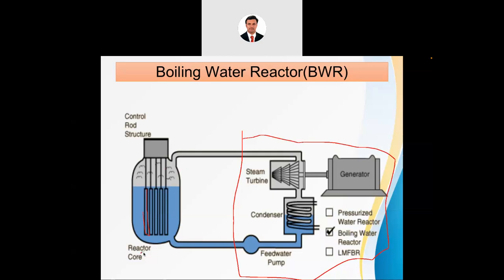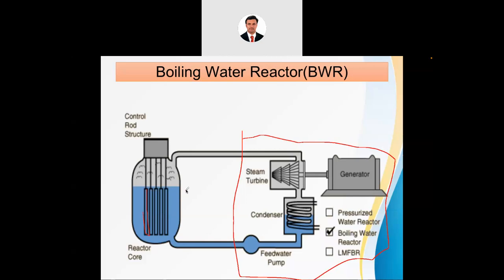Only instead of a boiler, we are using the nuclear reactor core to generate the steam. That is the only change between the nuclear power plant and the thermal power plant. So in the boiling water reactor, as the name indicates, the water is itself boiling inside the nuclear core, and it comes in direct contact with the nuclear rod.